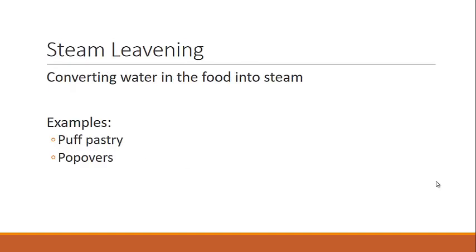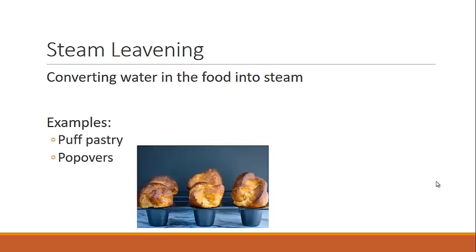Steam leavening takes water that's already in the food and converts it into steam that can then expand when it's baked. A couple examples: puff pastry is probably the most common example of steam leavening, and then also popovers, which is not something I was necessarily familiar with before, but it is an experiment that we were going to do in person in lab in the second half of class.